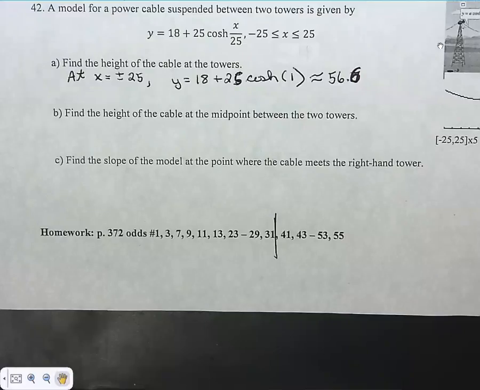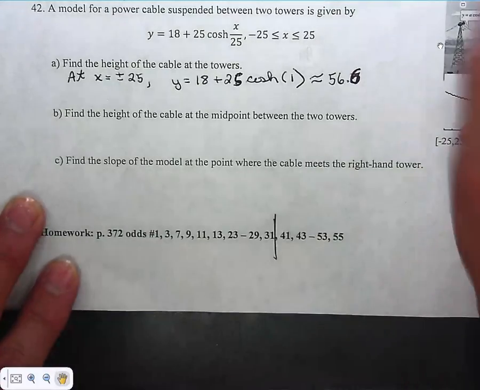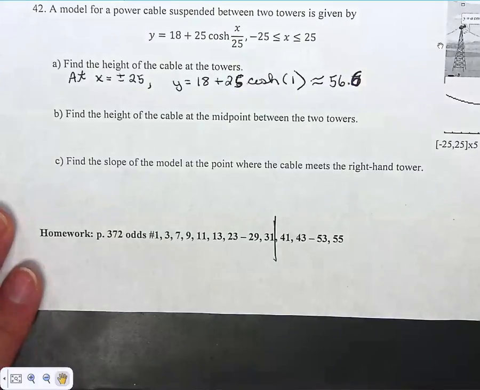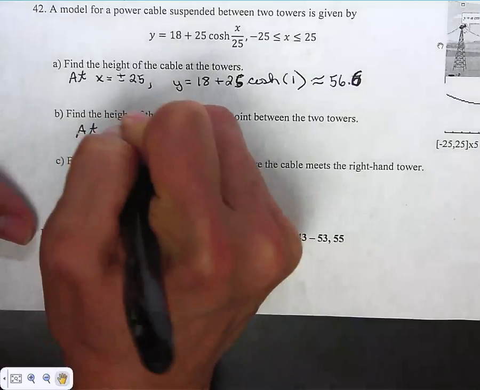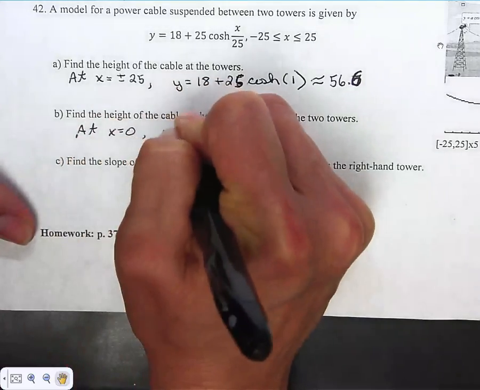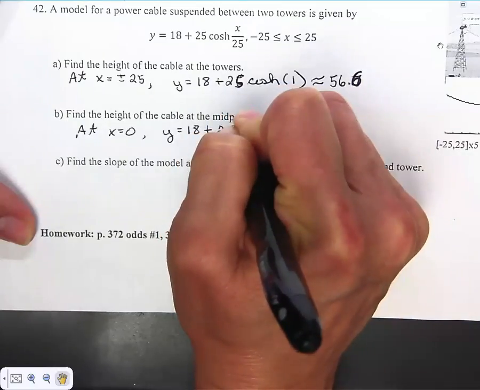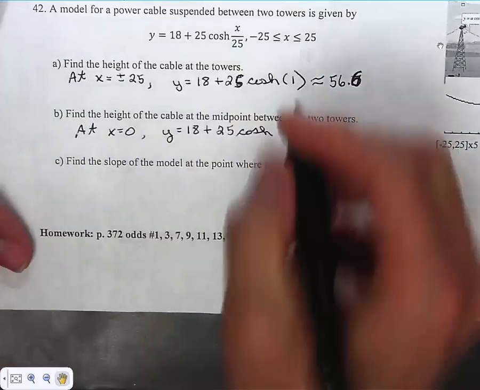How would you find that? Well, if this is -b and that's +b, then right here is where x is 0. So at x is 0, y is 18 plus 25 cosh what? 0.